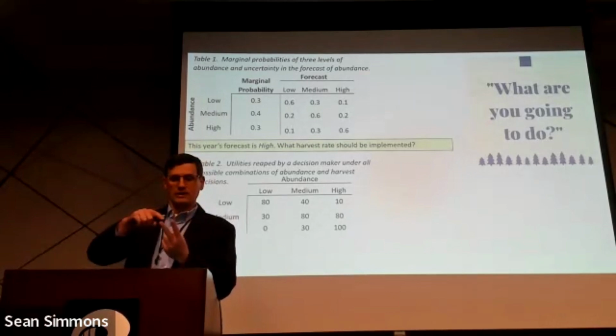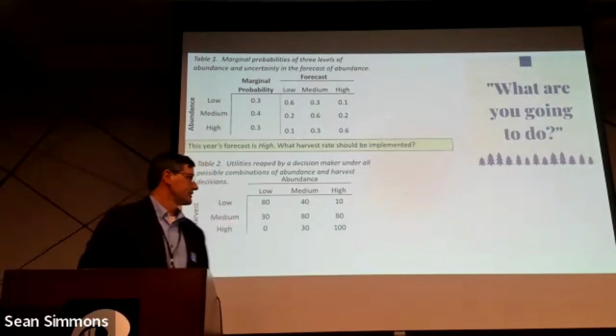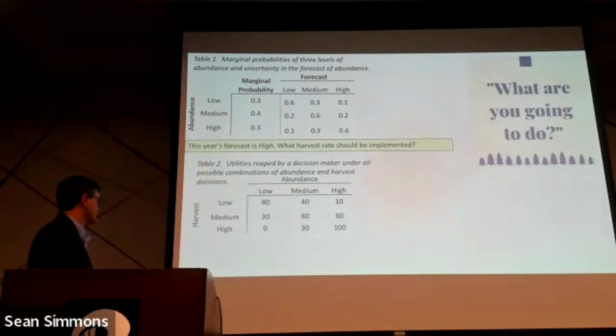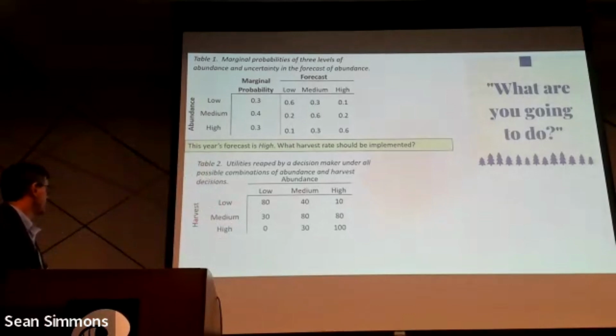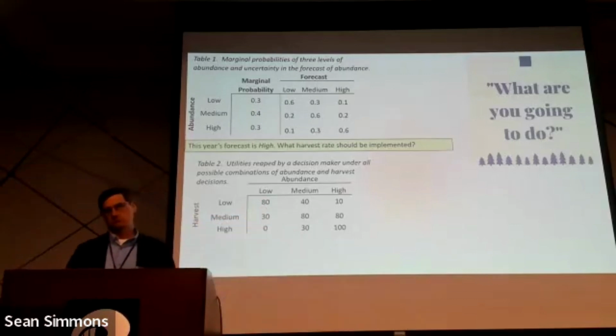You can implement a harvest that is too high or too low. So here's kind of just a made-up example of what this could look like. So if the abundance is actually low and we implement a harvest that's low, well, we're going to reap 80 points of utility from this situation.